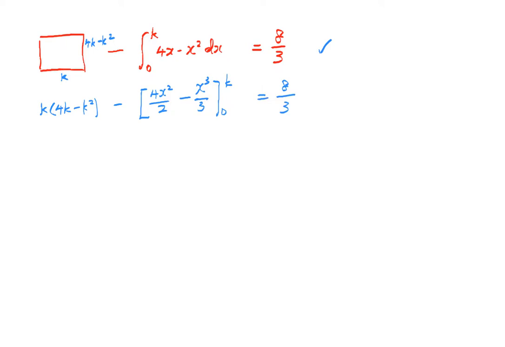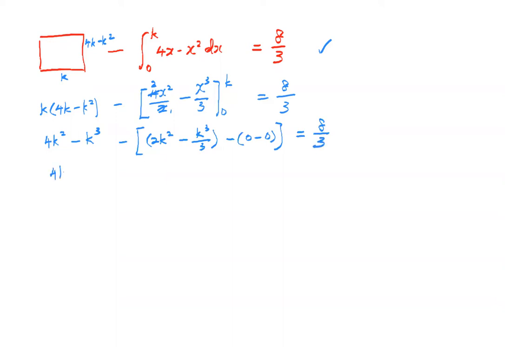So you got 4k squared, you can expand this, minus k cubed, substitute with k, take away, substitute with 0. So here is 1, here is 2, so I have 2k squared minus k cubed over 3. Since x is 0, so it will be 0 minus 0 equal to 8/3. Okay, so now I settle my problem.